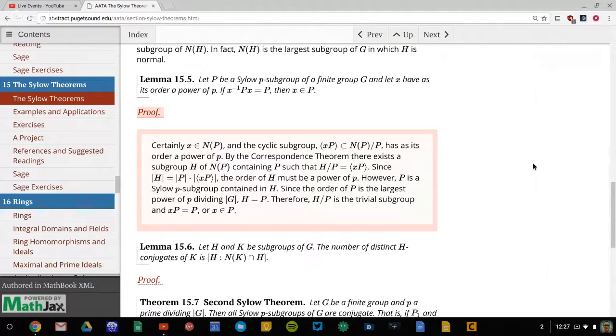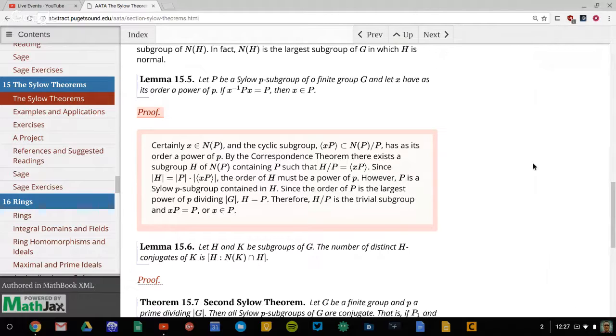Now, applying what we know about the size of a factor group, the size of a factor group is simply the quotient of the sizes of the two groups, size of H divided by size of P. So when you multiply across by the size of P, you get this equation here.